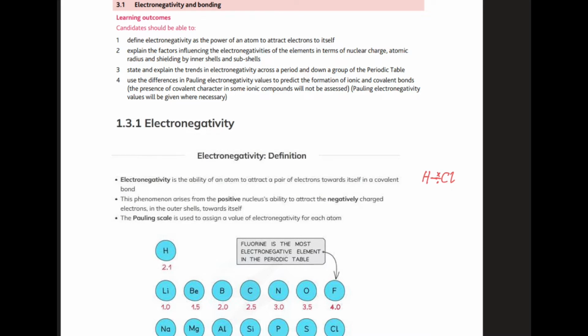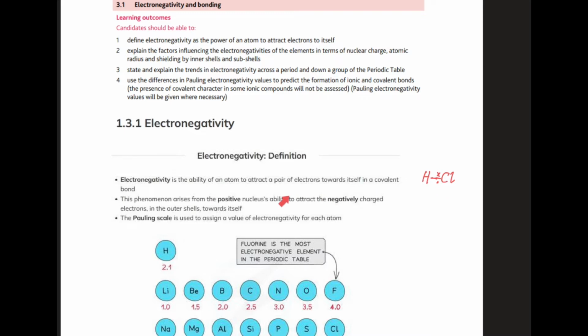Okay, chlorine attracts the electrons more, because chlorine is more electronegative. So that is how we can see the difference in electronegativity between hydrogen and chlorine. So chlorine is more electronegative, so chlorine attracts the bonding electron toward itself more compared to hydrogen.